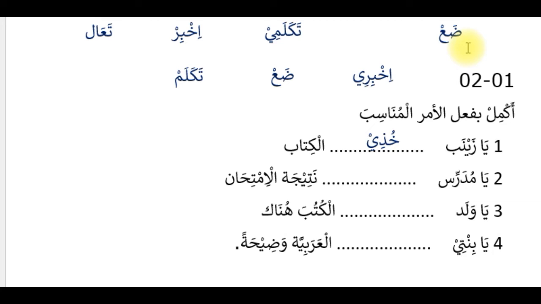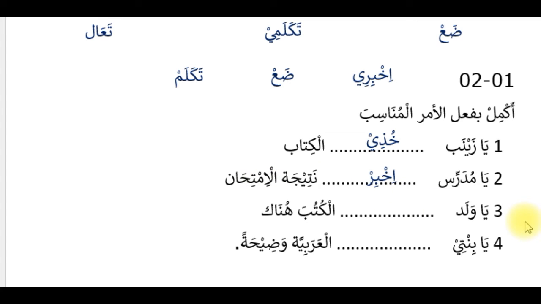So which one is the appropriate imperative verb? مدرس is a male principal, so we are going to use this. اخبر, inform. يا مدرس اخبر نتيجة امتحان. Oh principal, inform the exam results.